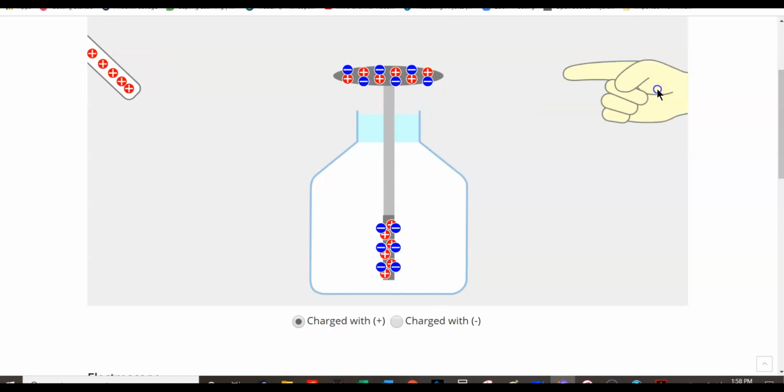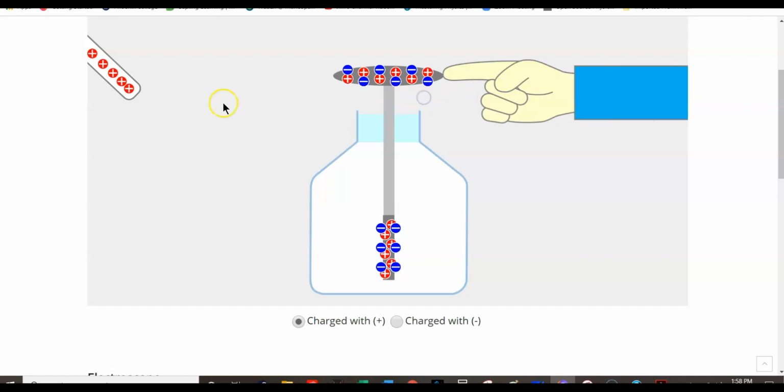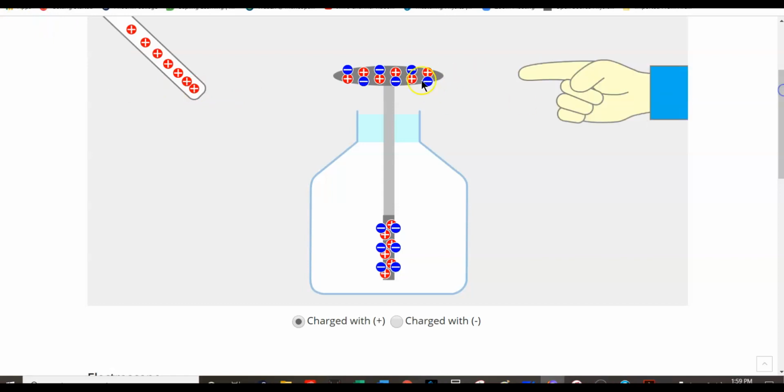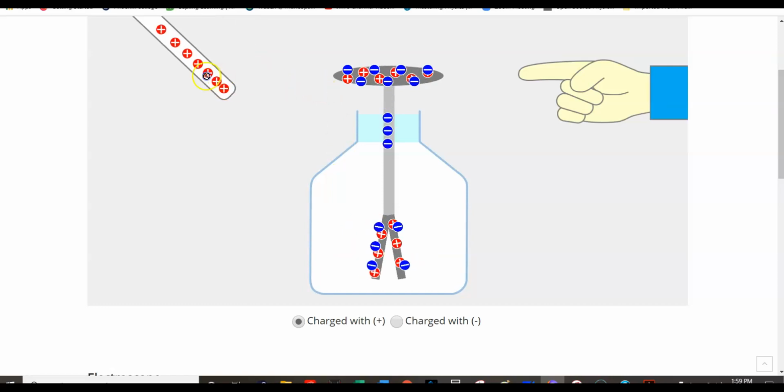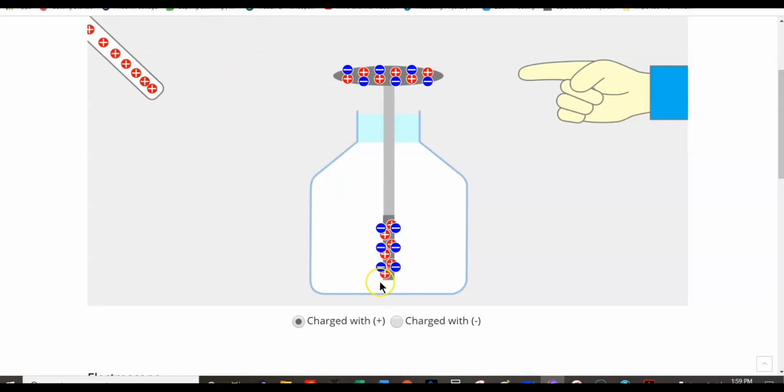But if the person brings their finger close to this, the person is neutral again, and the electroscope is neutral. If I bring this rod close enough, but not touching, the electroscope is going to momentarily have its electrons brought to the surface, and these protons are going to be repelling each other at the bottom. And if I bring it back away, they'll go back to where they are.